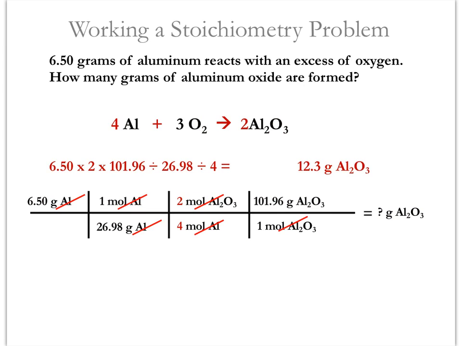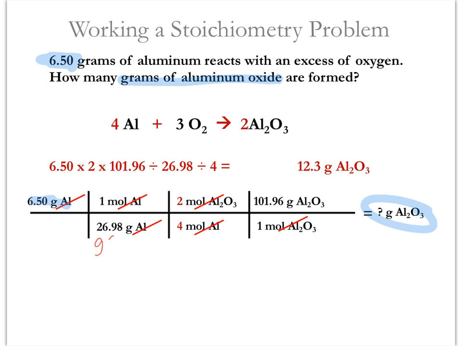So for this problem, the way you would set it up using factor labeling, you always write down what you're given first. So we're given 6.5 grams of aluminum. That's what we write down first. We know where we're going. It's telling us you want to go to grams of aluminum oxide, so you have that as your target. When you start with grams of aluminum, I can't do anything there. I have to get it to moles first.